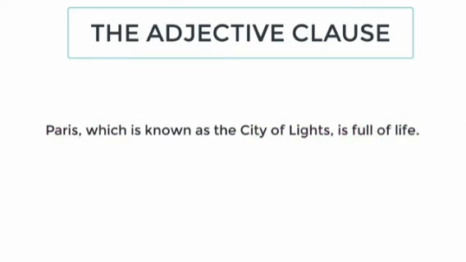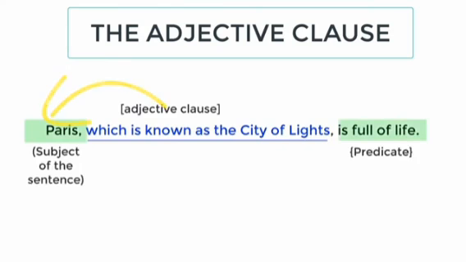Paris, which is known as the city of light, is full of life. Which is known as the city of light is an adjective clause that describes Paris, the subject of the sentence.